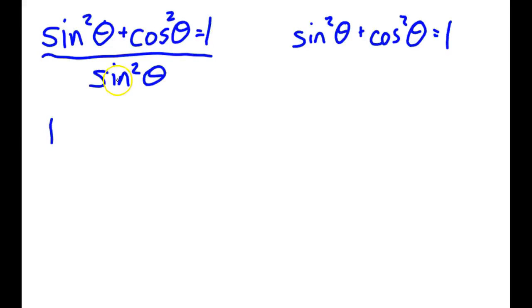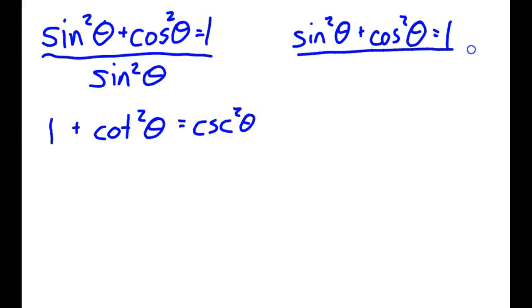Cosine squared theta divided by sine squared theta, using the quotient identities, cosine over sine, is cotangent squared theta. And then 1 divided by sine squared theta, we use a reciprocal identity. 1 over sine relates to the cosecant function, so 1 over sine squared theta is cosecant squared theta.